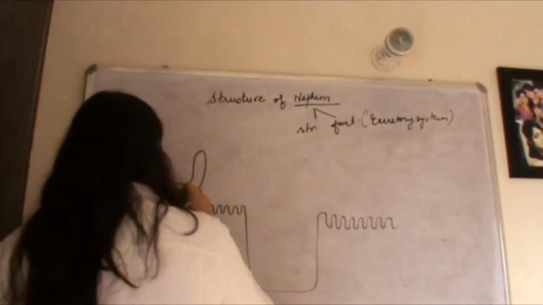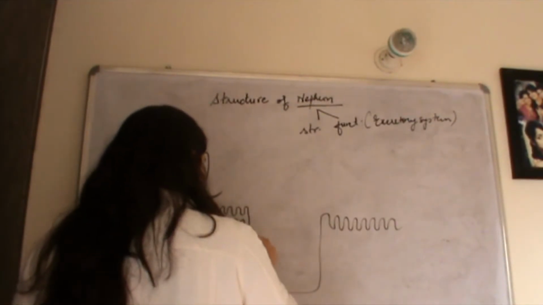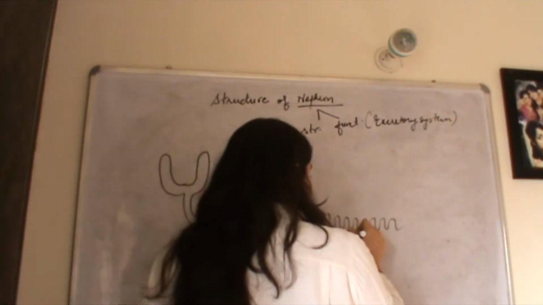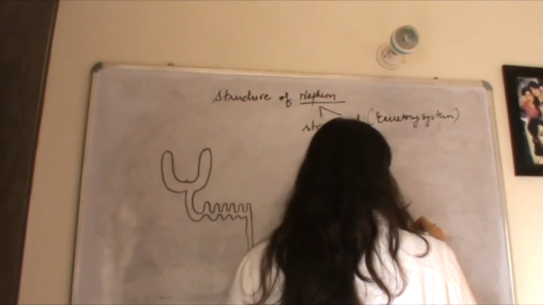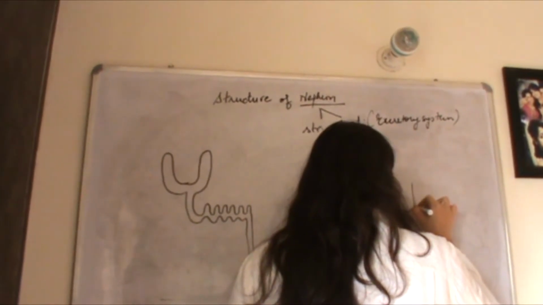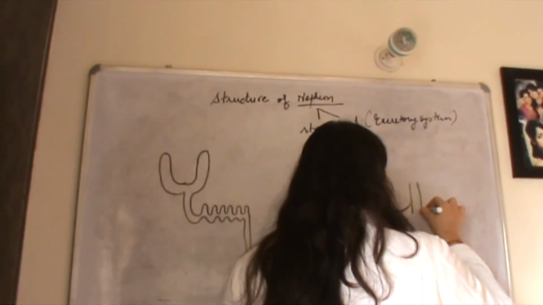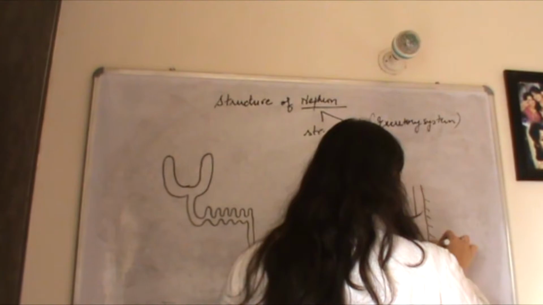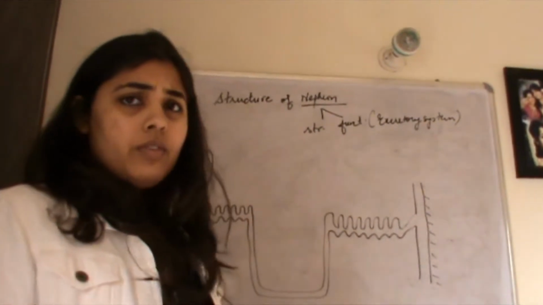This is a spiral shaped structure and a very simple structure, not that confusing like what you must have studied from the books. I have simplified this. So this is a very simple structure of a nephron.